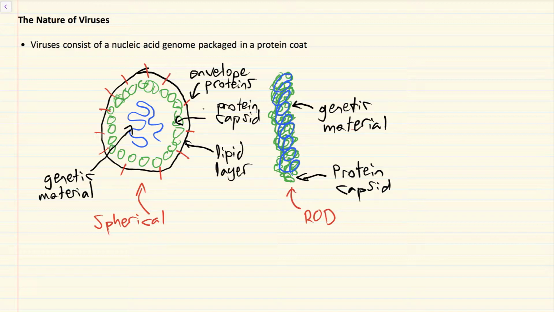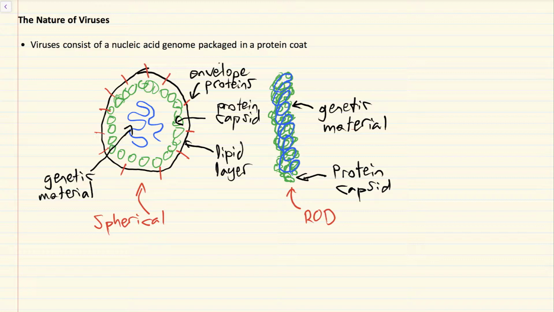So we can see that the green circles represent the protein capsid. The black outline here represents the lipid layer. The blue lines represent genetic material, and the red lines represent envelope proteins.